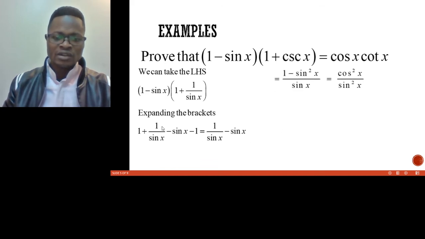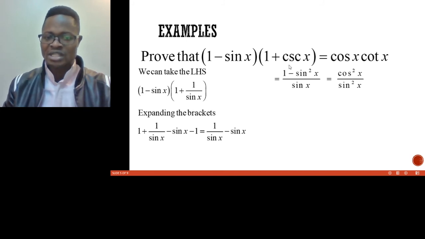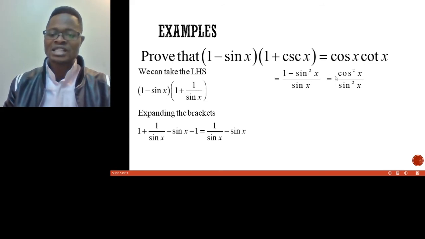Of course, if we go further, we will have 1 minus sine squared x divided by sine x, which is equal to cos squared x divided by sine squared x. There is an identity that represents 1 minus sine squared x. 1 minus sine squared x can be represented as cos squared x, and this will be divided by sine squared x.